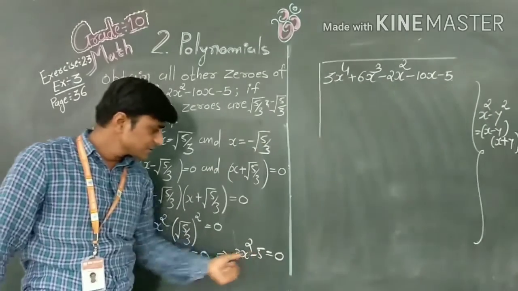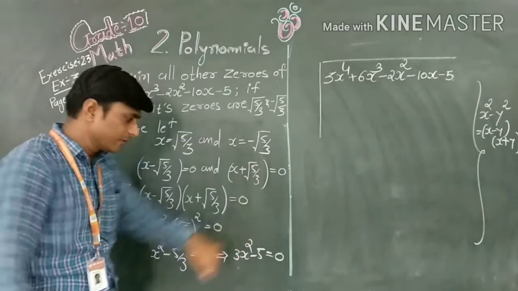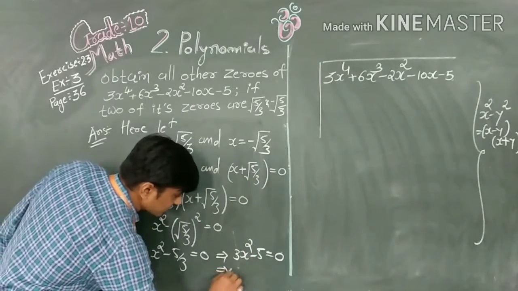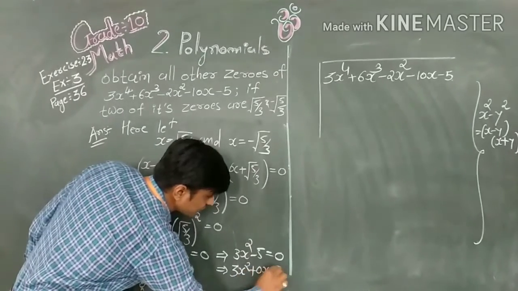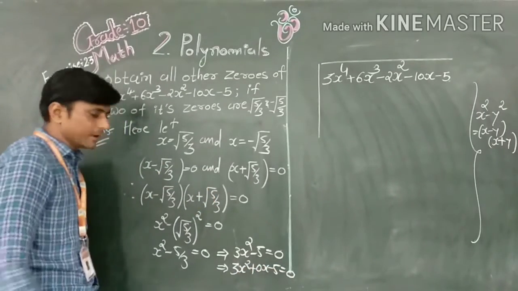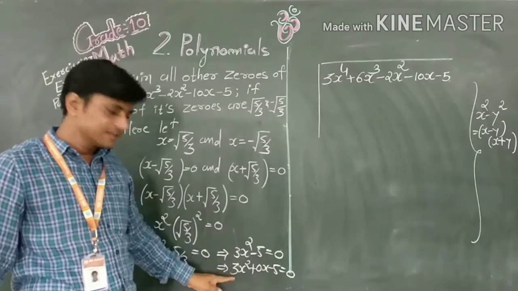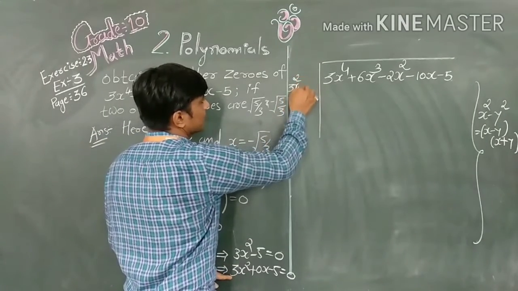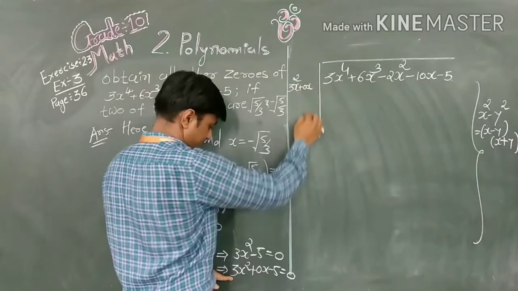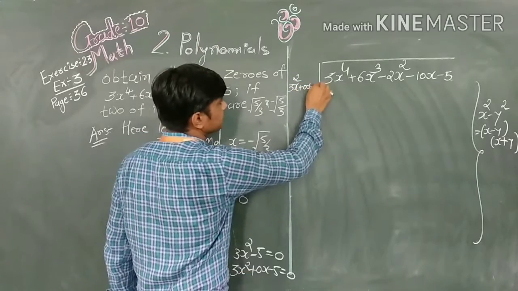But here this is not in index form. First of all we convert it to index form. Therefore we write 3x square plus 0x minus 5 is equal to 0. Okay. Now our divisor polynomial is this one: 3x square plus 0x minus 5.